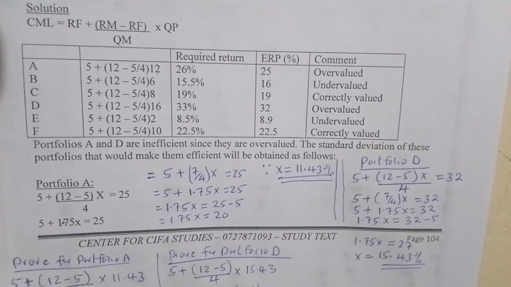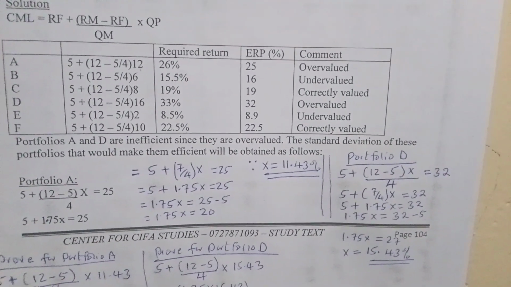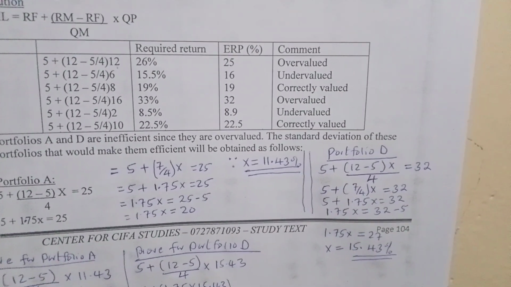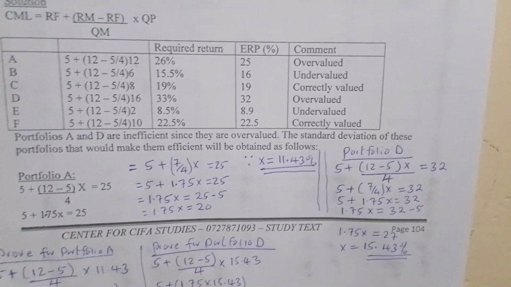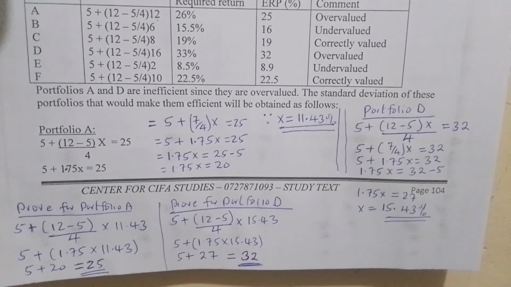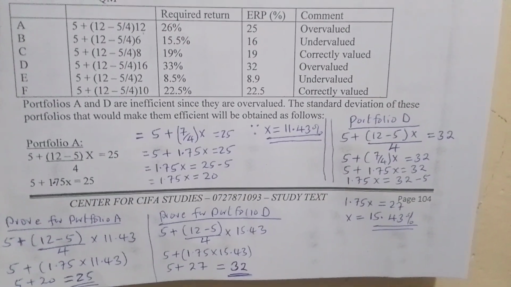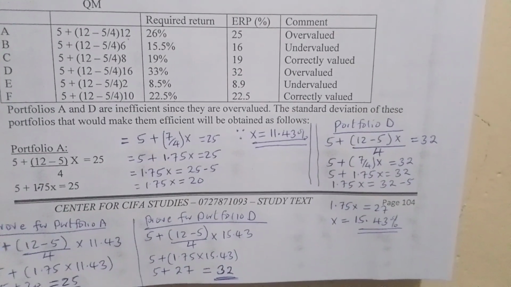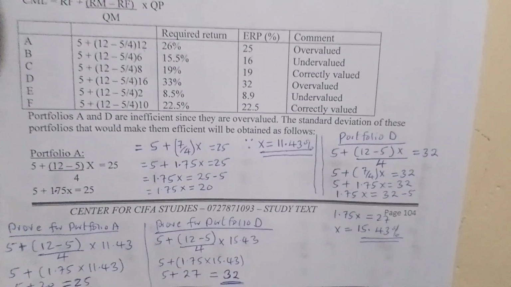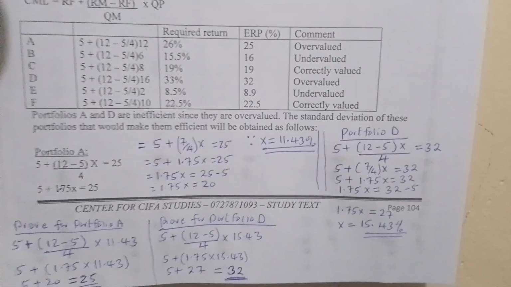Because we are saying a security is correctly valued if the required return as calculated is equal to the expected return as provided for. So see what you have done in our part A. You have just taken the formula and the same numbers that we have used in calculating the required return, but for standard deviation we are not using 12, we are using x.